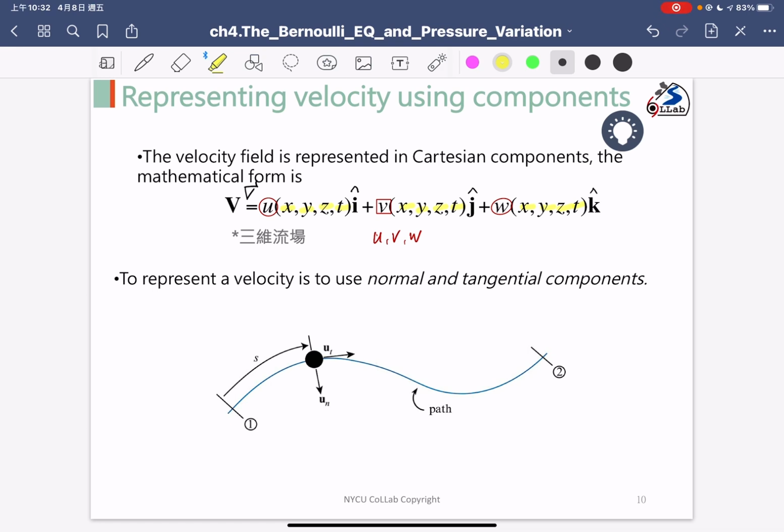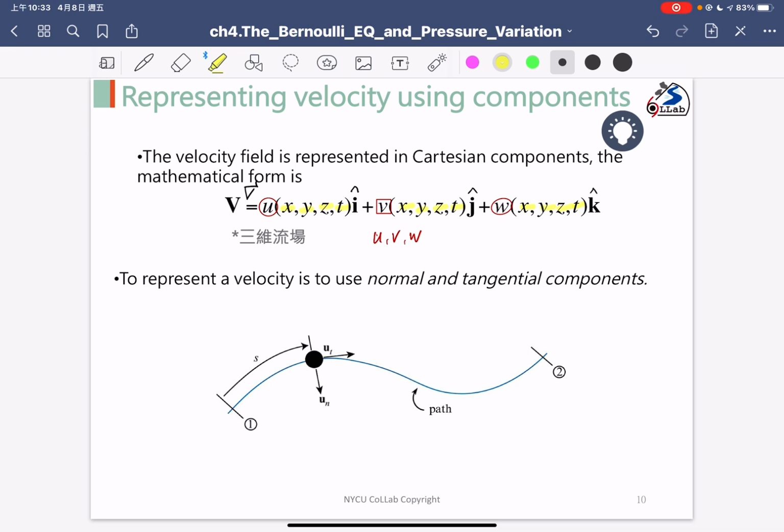And at a different time point and different location, we will have a different velocity direction. The velocity direction depends on the UVW, because UVW indicate the x, y, z direction velocity respectively.